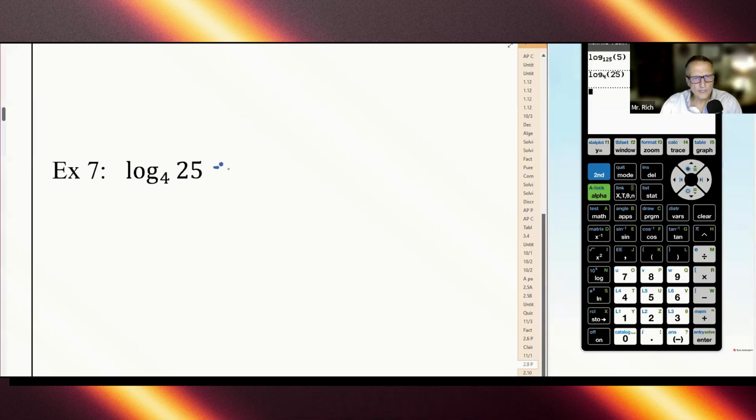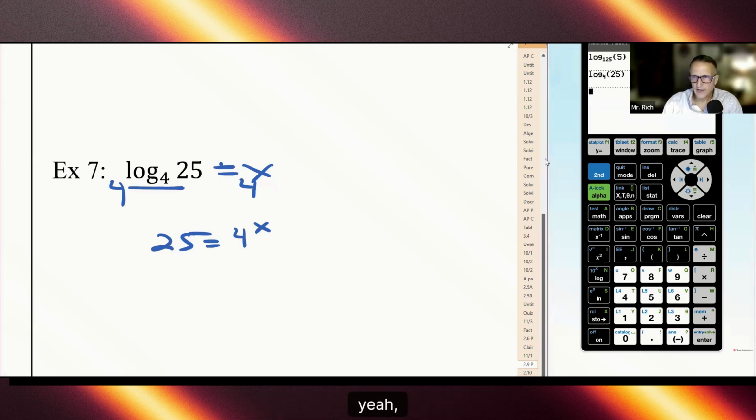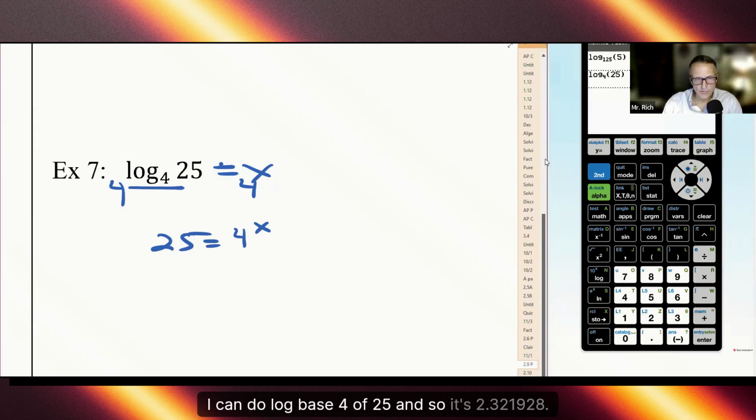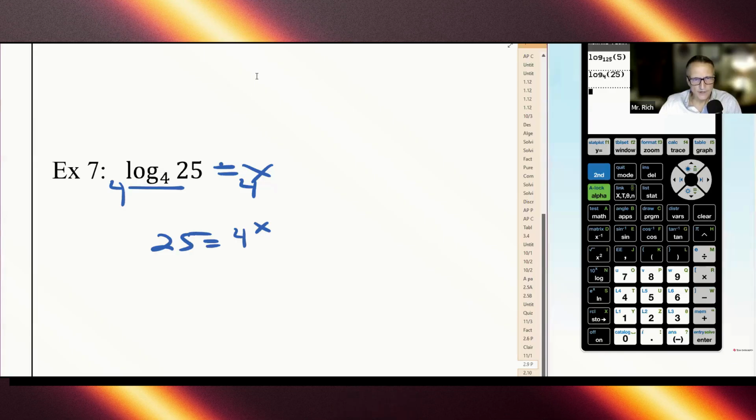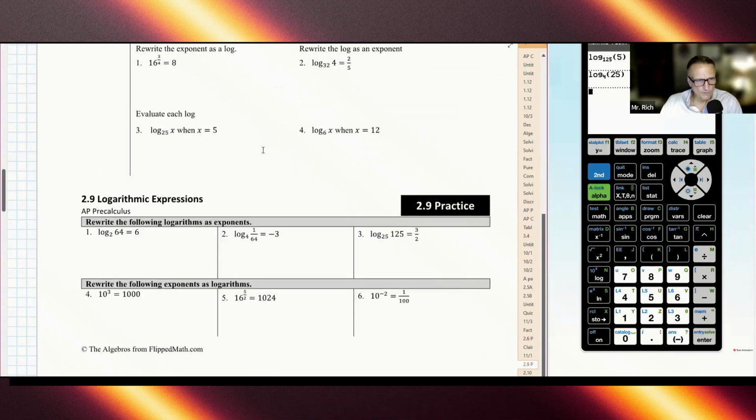Now, if this was equal to x, I could exponentiate on both sides. That gives me 25 is equal to 4 to the x power. But that doesn't help me because that just converted it into an exponential. But if I wanted to evaluate this, I can do log base 4 of 25, and it's 2.321928. All right, not a great example, but let's move on.